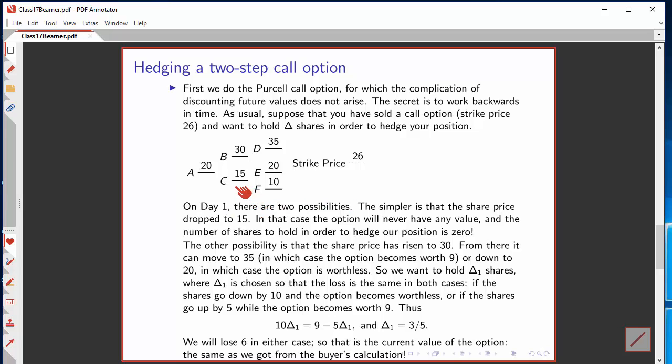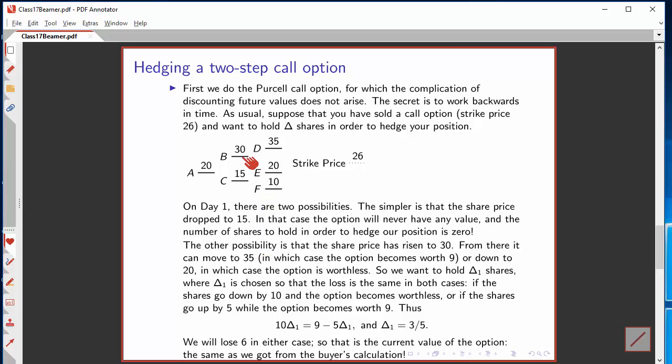On day one, the scratch may have led to node C. The share price has dropped to 15, and there's no way it can ever get above the strike price. In that case, the option's never going to have any value. You don't have to worry about hedging, so in that case, you choose to hold 0 shares.